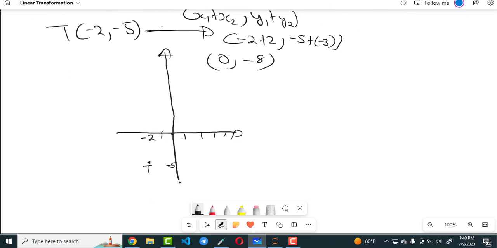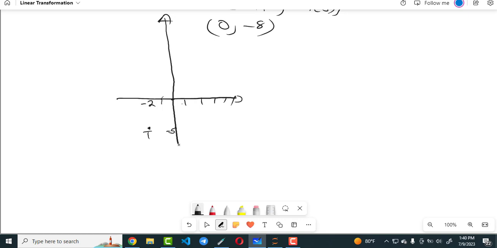So now we need to move -3 steps. So we are saying here 1, 2, 3. So it means we are going to come at this point. From this point, after moving +2 on the x-axis, so this is x, this is y, this is the positive side of x, this is the negative side of x.